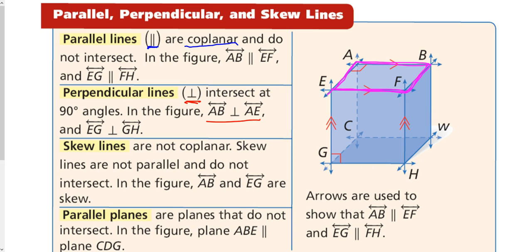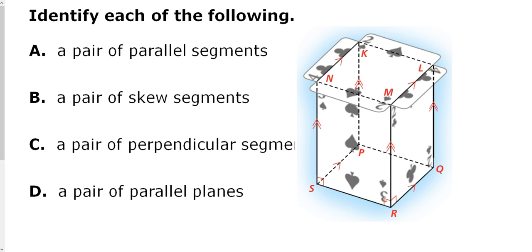I don't know where they got the D from. Plane CWG, sorry about that. So the top plane and the bottom plane would be parallel to each other. And we can use the same symbol for parallel, whether we're talking about lines or planes. So please pause the video and complete these 4 problems.